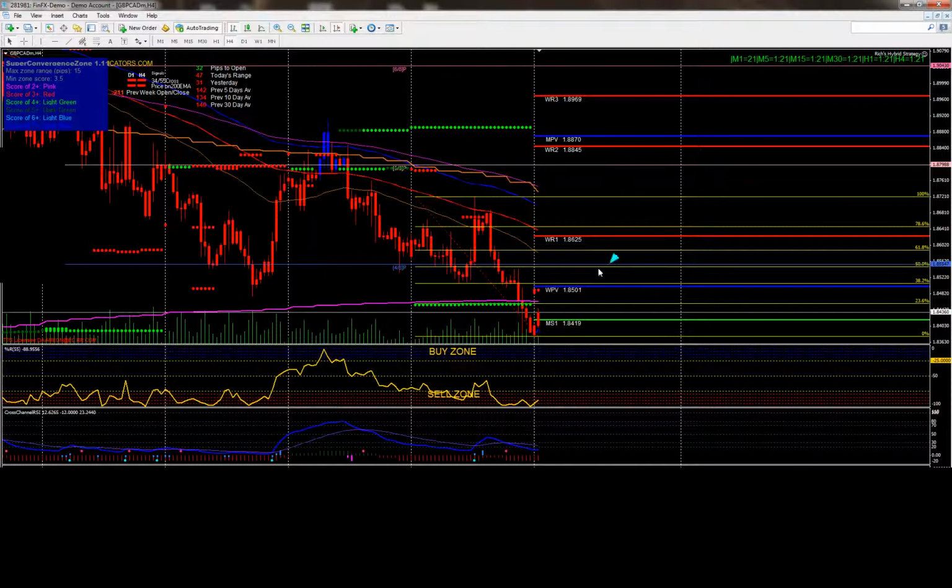All right, let's take a look at pound CAD. We broke the daily 200. However, this bottom is a pretty significant area. We can take a look at that on the daily. So the riskier trade is a short from the 200, which if we see pound weakness across the board early in the week, we could definitely see a short from there.